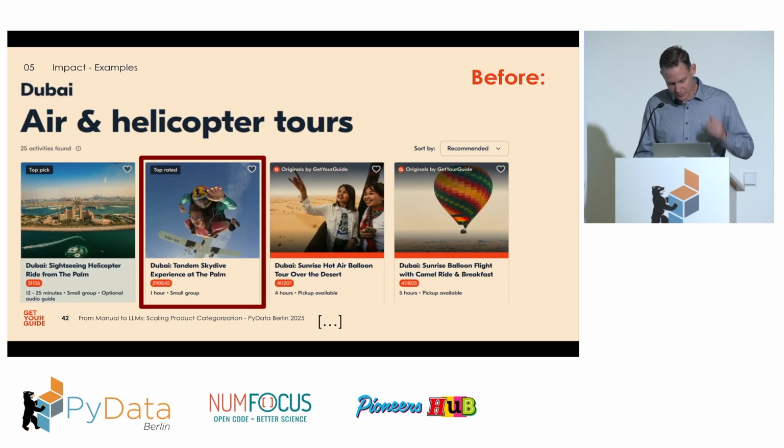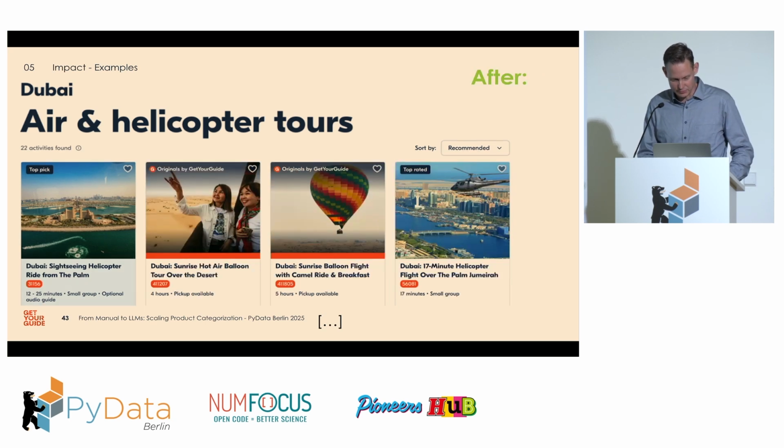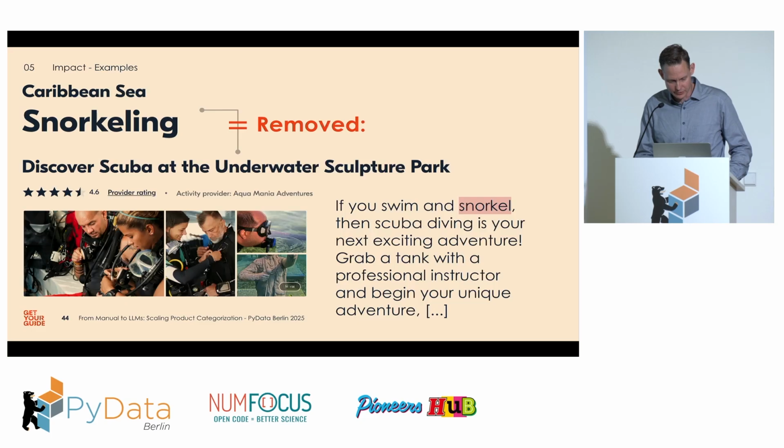Another one we saw is this Dubai air and helicopter tours. There, everything is kind of related at the beginning, even before the LLM. But this skydive is not really a tour, so that was filtered out by the LLM. And one specific example we wanted to show is this Discover Scuba at the underwater sculpture park, which was connected before to snorkeling.